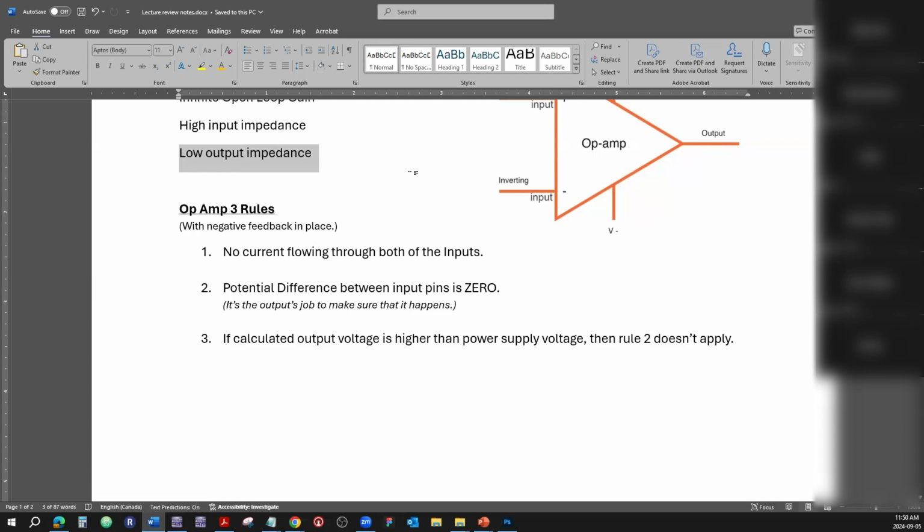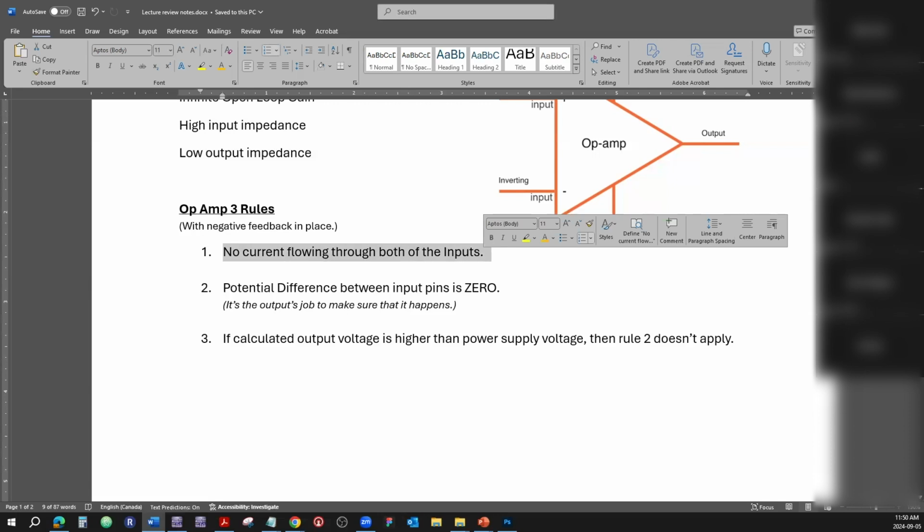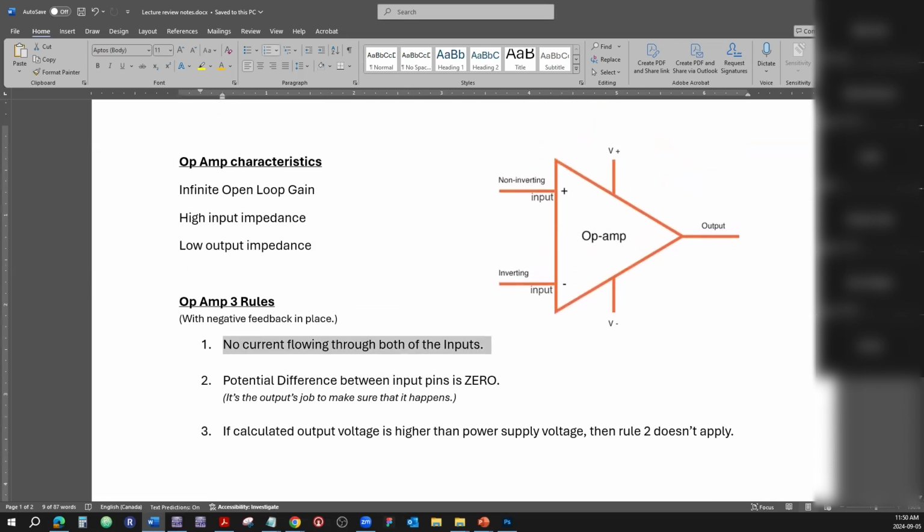Where do I find a starting point? These rules help. So, rule number 1. You probably know that, but I'm going to say it anyway, because that's just the kind of guy I am. There is no current flowing in or out of those inputs.